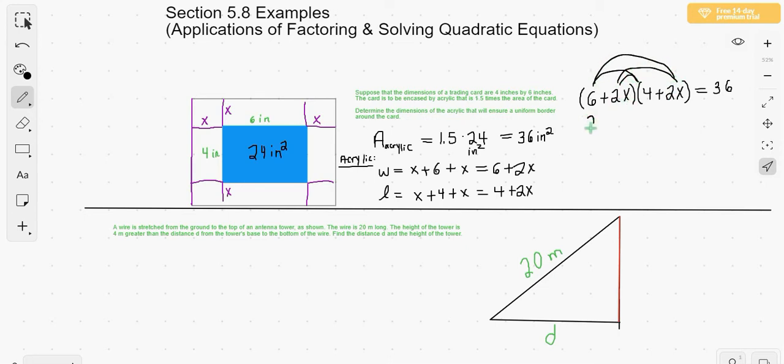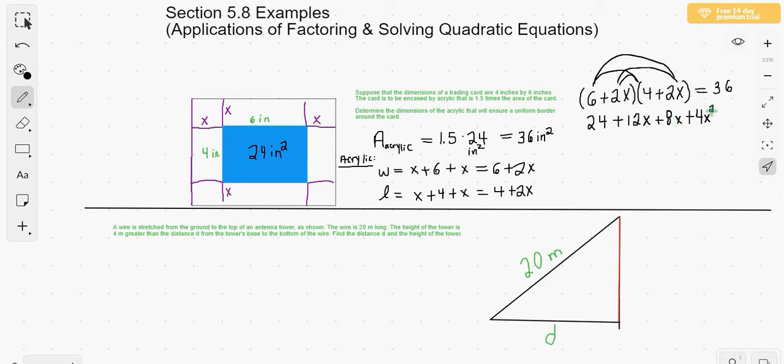6 times 4 is 24. 6 times 2x is 12x. 2x times 4 is 8x. And 2x times 2x is 4x squared. And one more thing, I'm going to kill two birds with one stone.